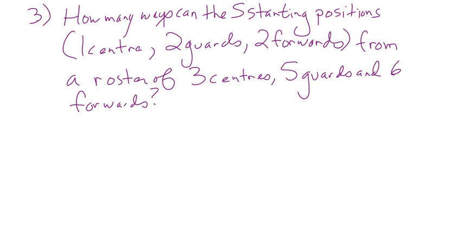Okay, now because I just specified 2 guards and not particular ones, does the order that the guards are chosen matter? No. Okay. So if the order doesn't matter, then we're dealing with a combination, right? Order doesn't matter. Okay, so how many centers do I have, and how many of them am I going to choose?